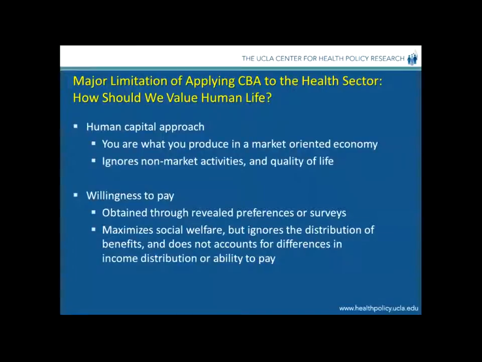The two techniques that we can use are the human capital approach, which is basically you are what you produce in a market-oriented economy. Now that ignores non-market activities and quality of life. But what this means, and I think it should be obvious to everybody in the room, I don't have a slide to illustrate it, but everybody's familiar with a curve that goes like this. Not quite a bell-shaped curve, but almost a bell-shaped curve.